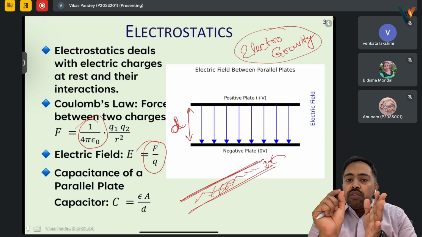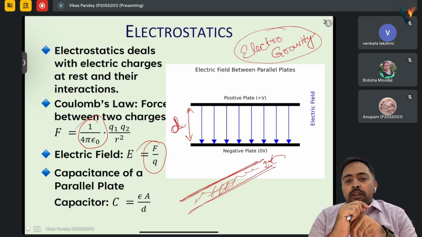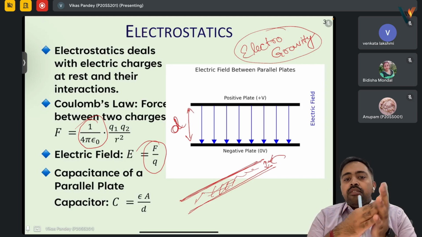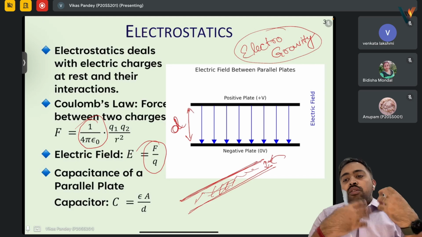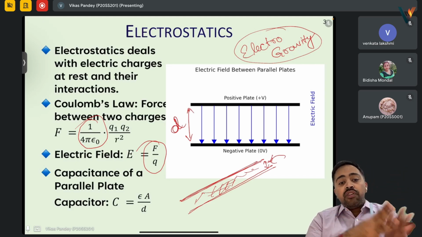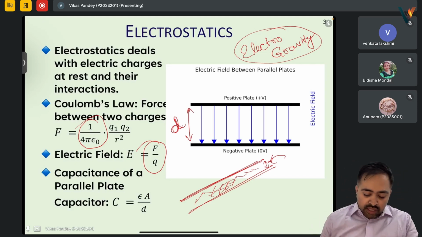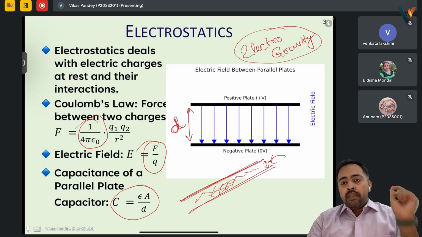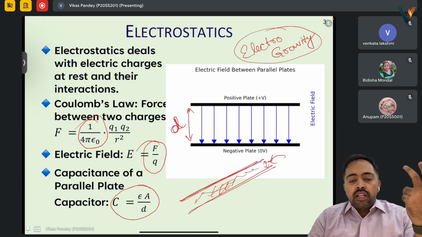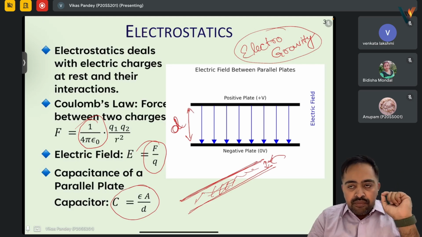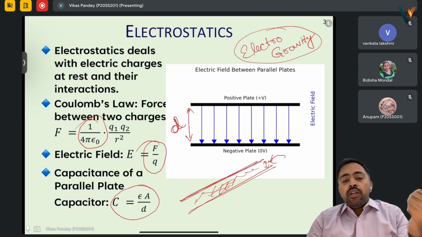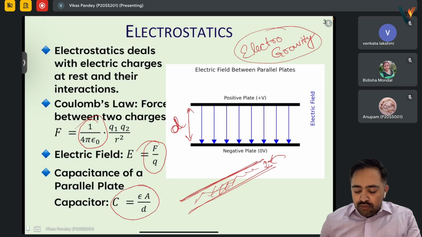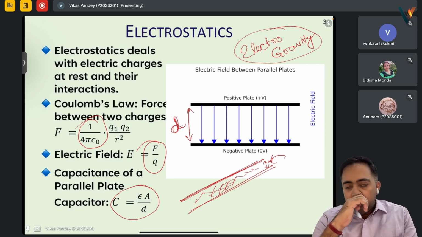So the gap is actually just one or two paper thick, not more than that. So d is quite less and A is quite high. That is the surface area of interaction. That is why we get large capacitance, because we need larger area A and smaller distance d for a larger capacitance.